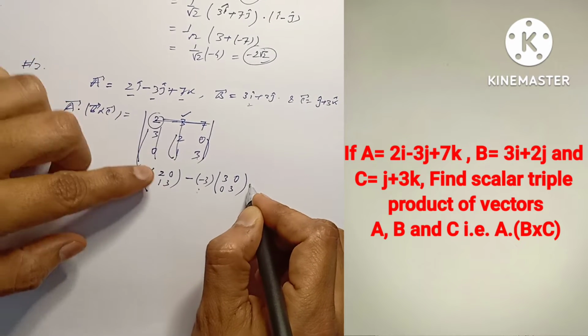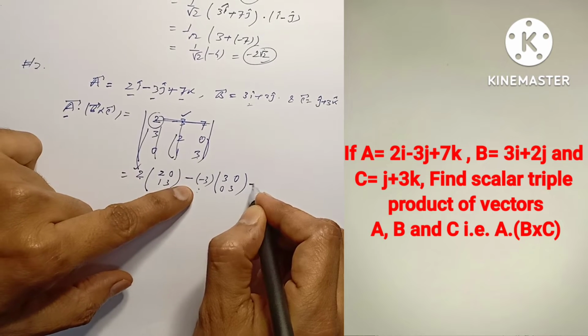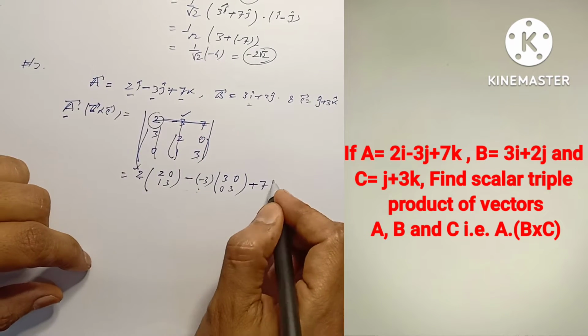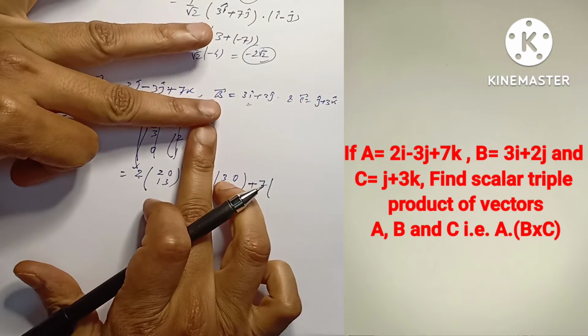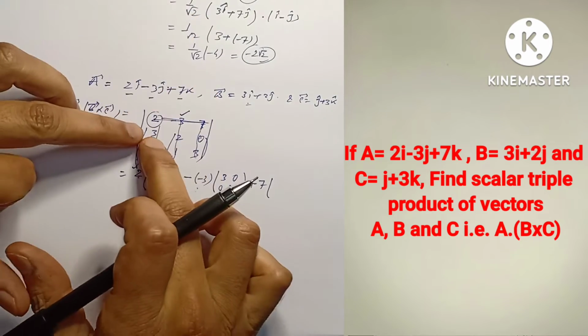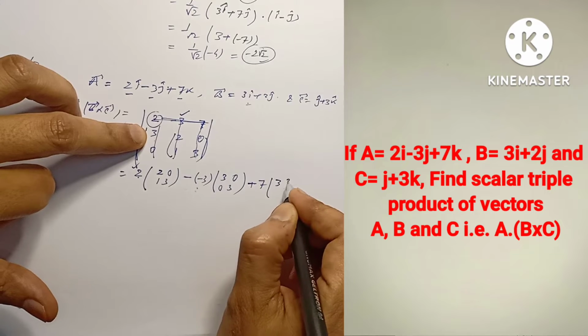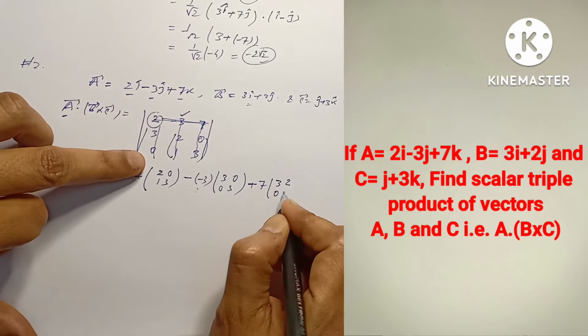Then plus 7, and for 7 we skip its row and column, and the remaining part will be 3, 2, and 0, 1.